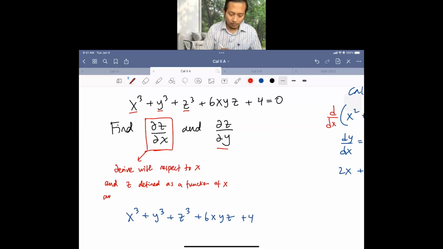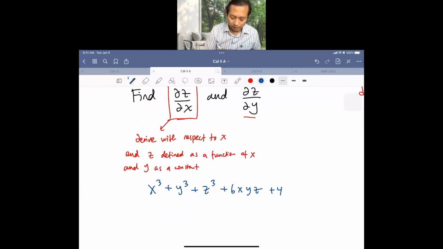And y is a constant. So for x, it's as usual, right?